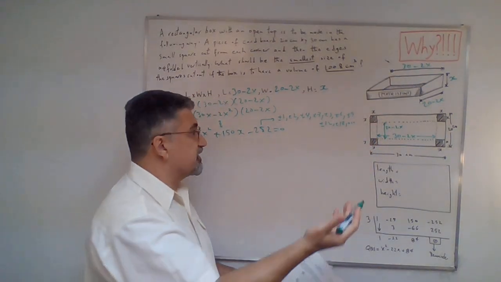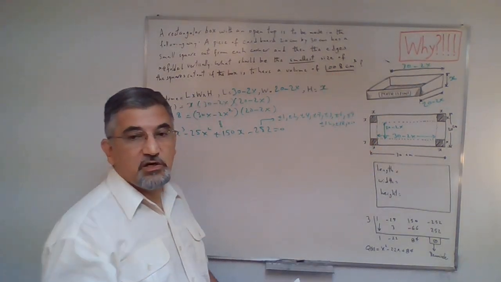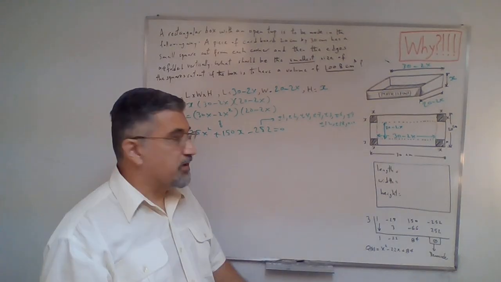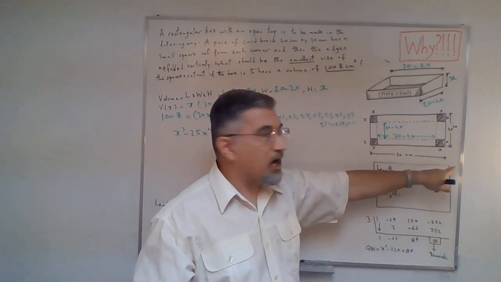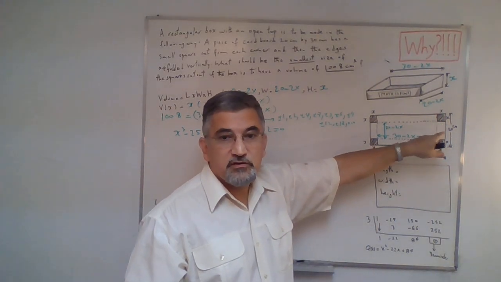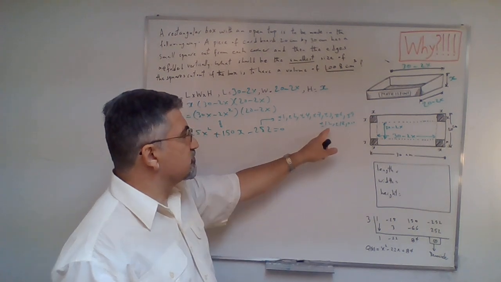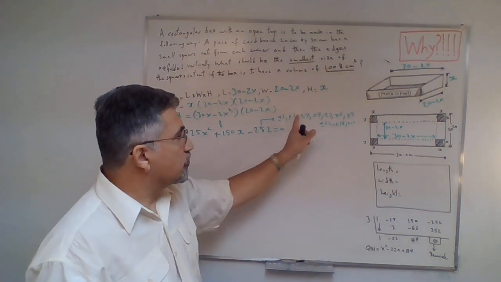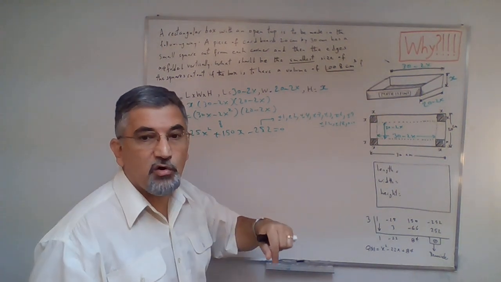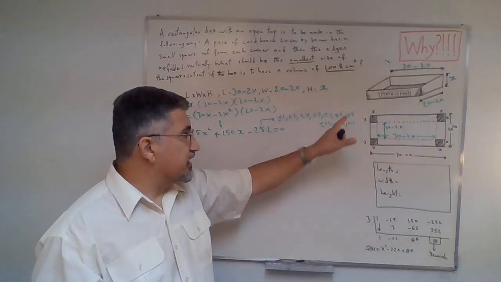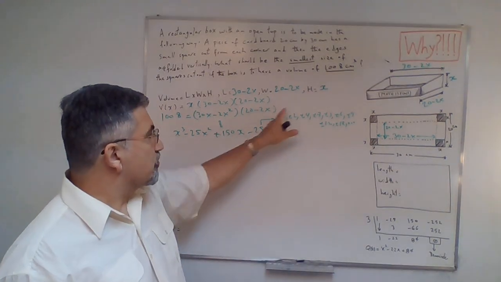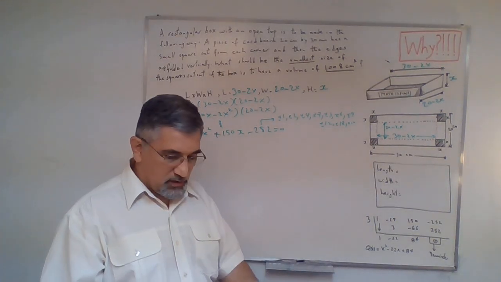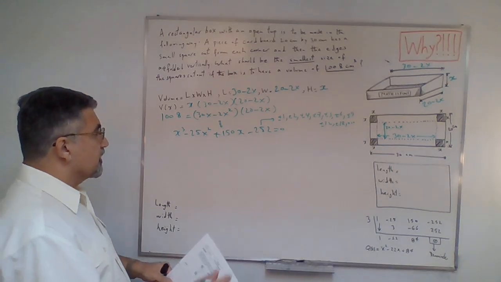So we don't believe that x would be like 18. Imagine the total width is 20. How could x be 18? So that's why I put dot dot dot. We don't write all of them because we don't believe any of those would be the answer. So perhaps one of these smaller integer values would be the answer.